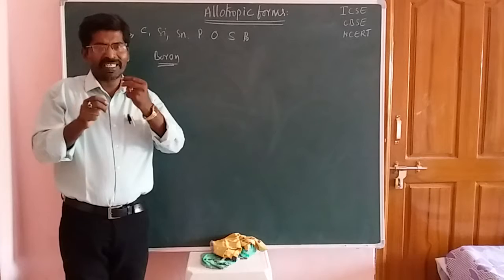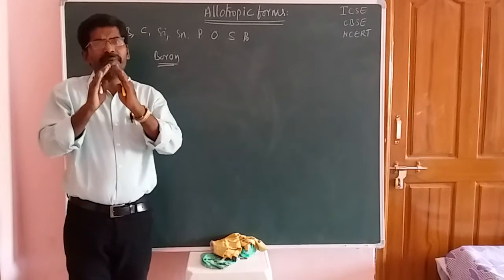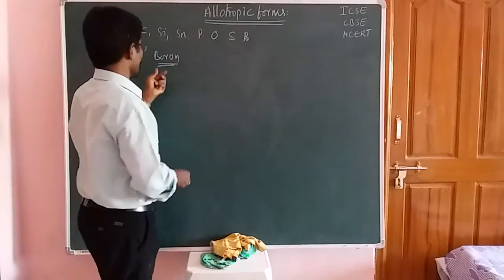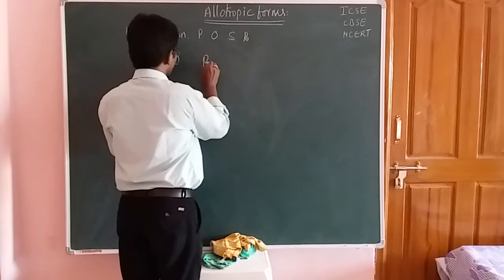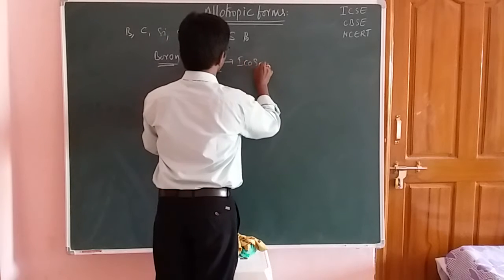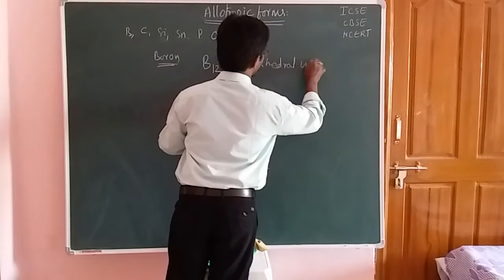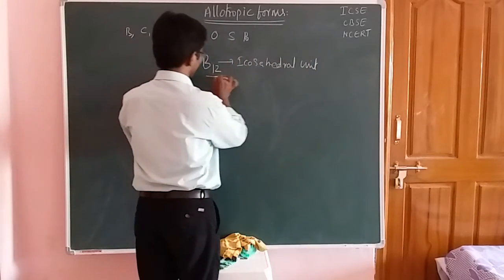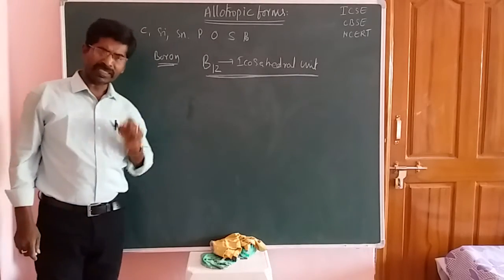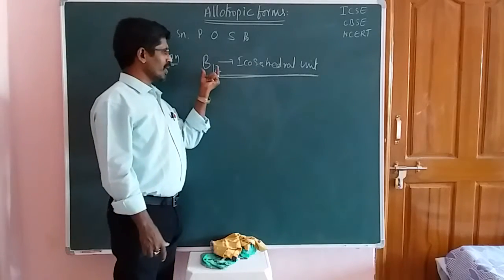In both crystalline and amorphous allotropy, the structure is built up from the B12 icosahedral unit structure. Okay students, so this is the important structure for the boron atom. Boron existing in allotropic form is in the form of B12.